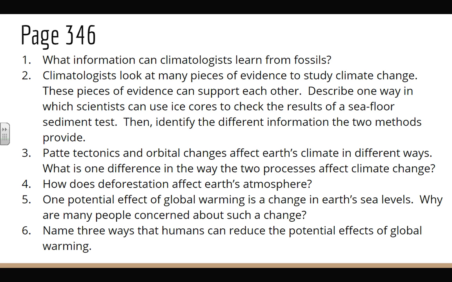Question 4, answer can be found on page 343. Deforestation removes trees that remove carbon dioxide from the atmosphere.